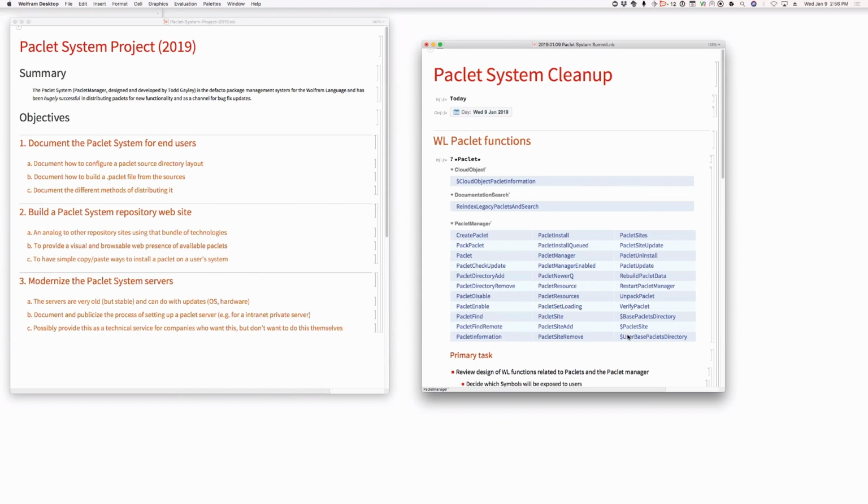But what will be the assets on GitHub? Can I put something on the chat? Yeah. In your Zoom chat in this case. Yeah. So, I mean, you can install Paclets from a URL.